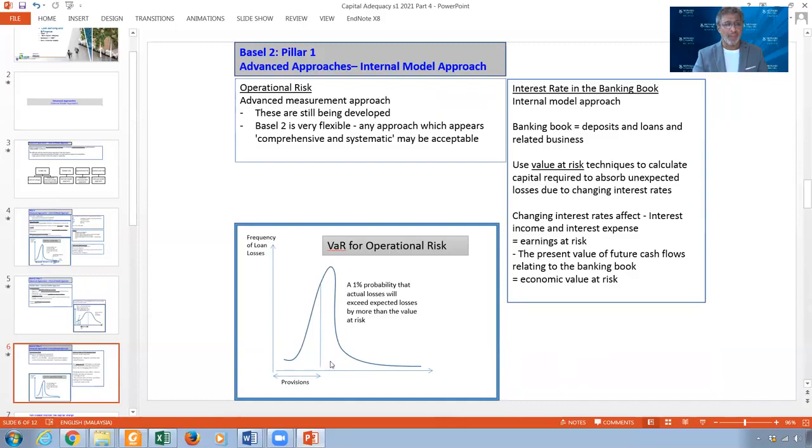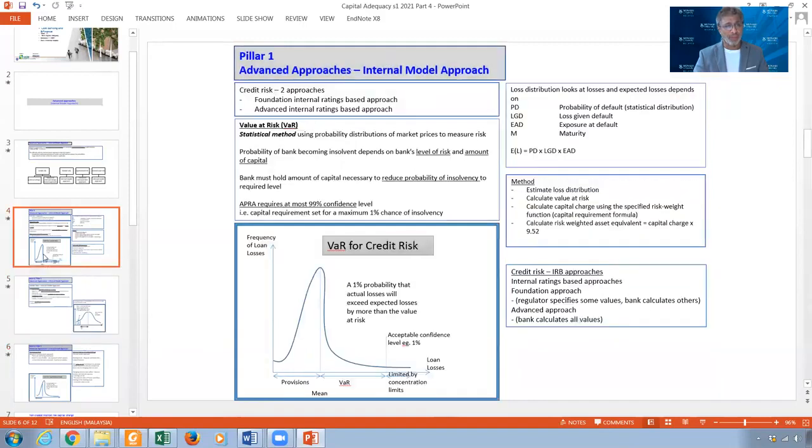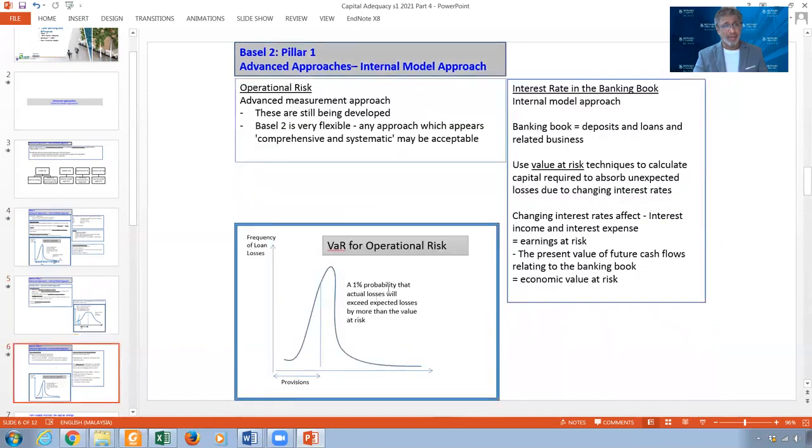So the most important thing is to calculate the VAR. Whether you are talking about operational risk, credit risk or market risk, all of those are actually calculating the value at risk, and the value at risk is actually the capital charge. You multiply it by 9.52, and then you get the risk-weighted assets.